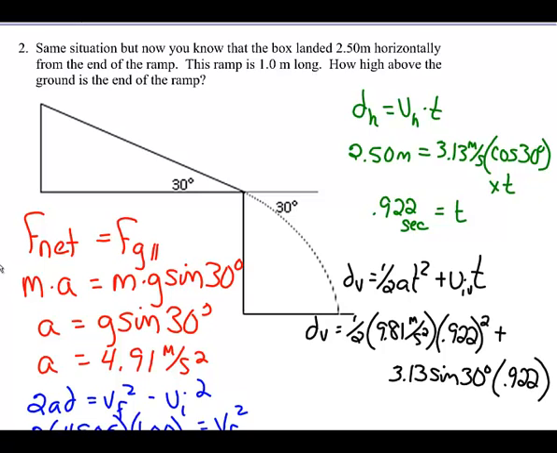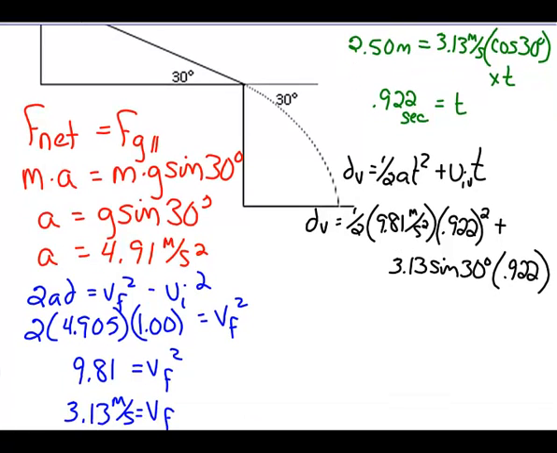Okay, so there's our dV equation. We know acceleration, it's acting down. Initial velocity is acting up, so we're going to make our downward negative, our upward positive. Now, since we have the correct sign on each side, we can find dV. And we get dV of 5.61 meters. That's the answer I gave you in class.